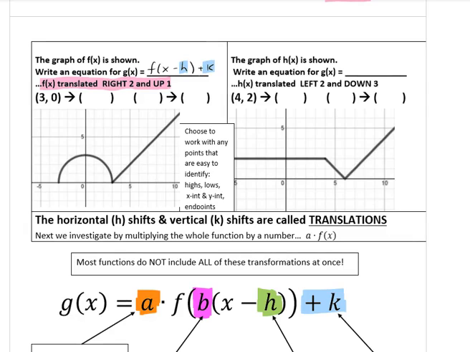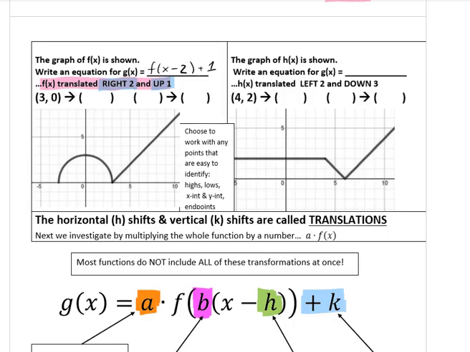Remember, k is up or down, so k is going to be up 1. So let's change this to a positive 1. h is left and right, so this is to the right 2, which means positive 2. So this h will be replaced by a positive 2. Clean it up, a negative and a positive makes a negative, so x minus 2 plus 1. So that's my equation.